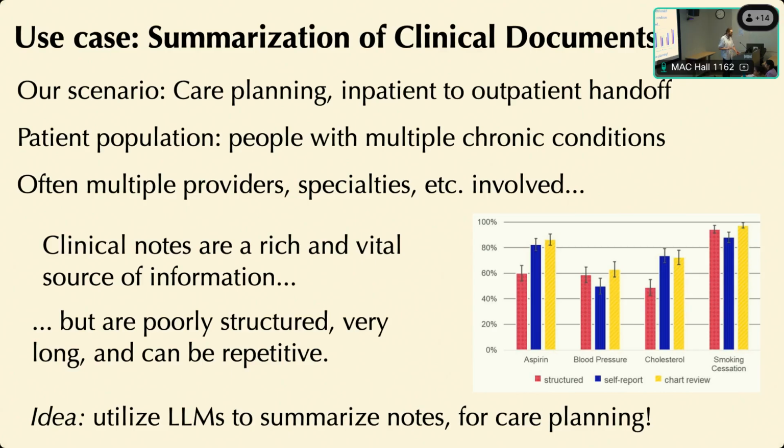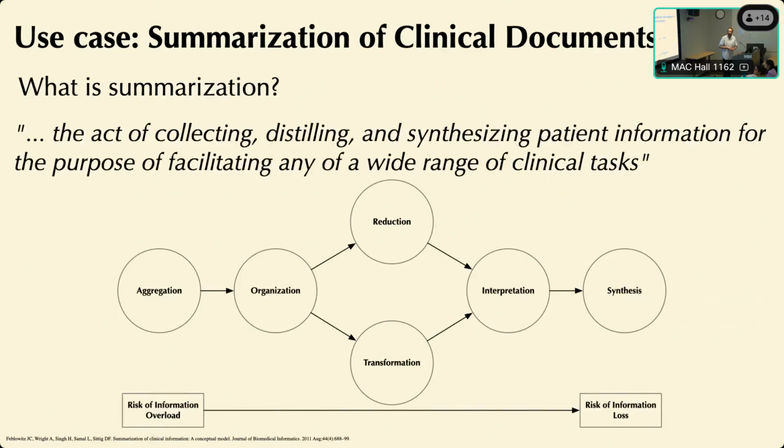We went looking in the literature, found a theoretical model. This is the aortis framework from a team in Texas, but including former friends of the department, Dean Sittig and Adam Wright were on this one, or not former people from this department who are now friends of the department. And this is a conceptual model about all the different kinds of activities that fall under the larger umbrella of clinical information summarization.